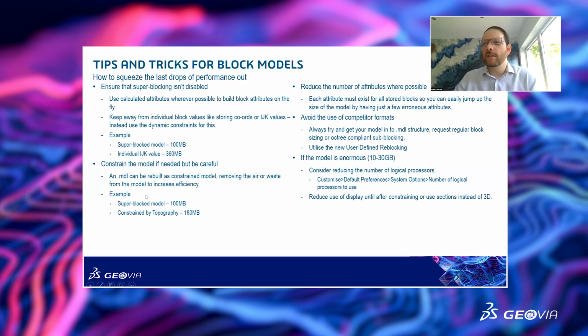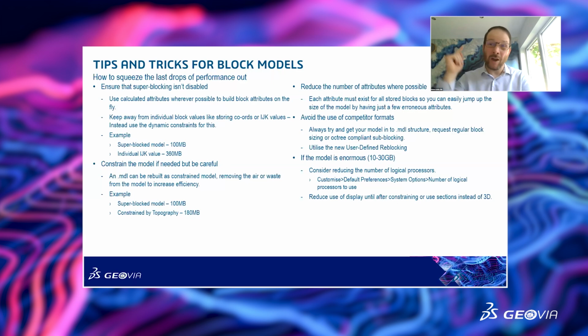So in this example, if I took my block model and I constrained it with my topography and only stored the blocks that were constrained by the topography, instead of a 100 megabyte model, I get a 180 megabyte model. And that's a bit confusing. Why did the number go up? I removed blocks, so surely the number should go down, not up.